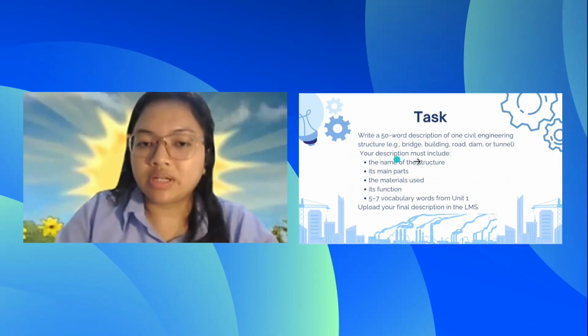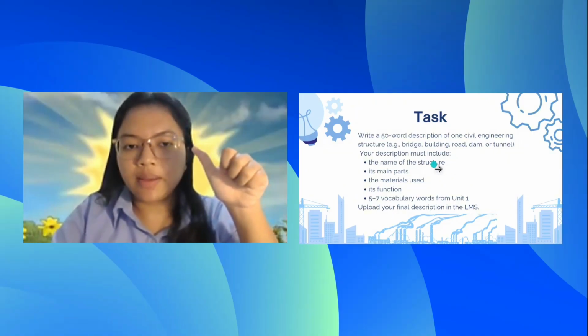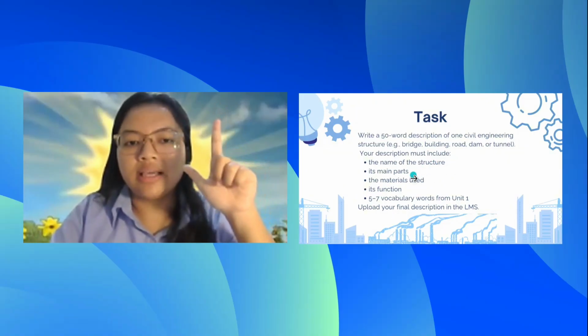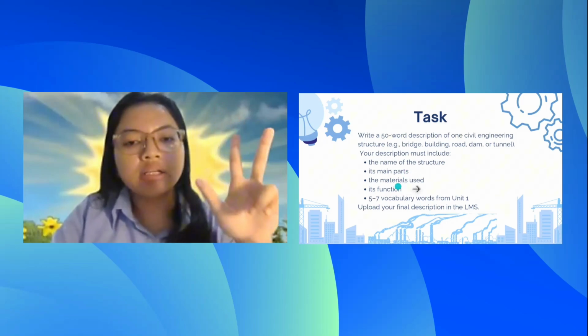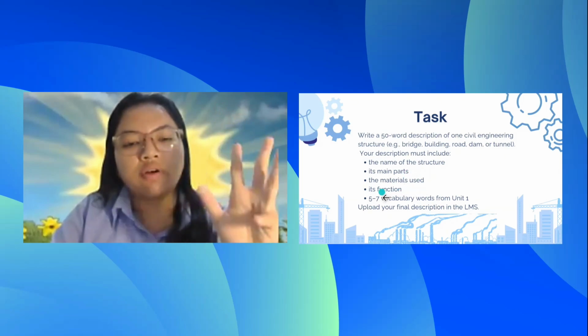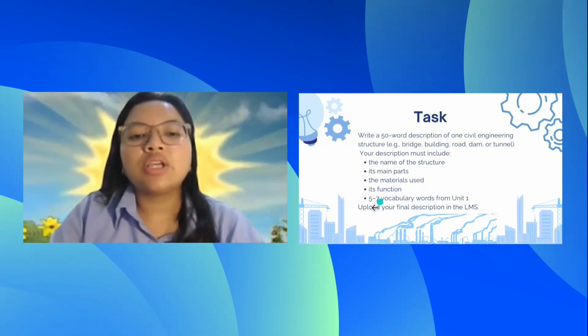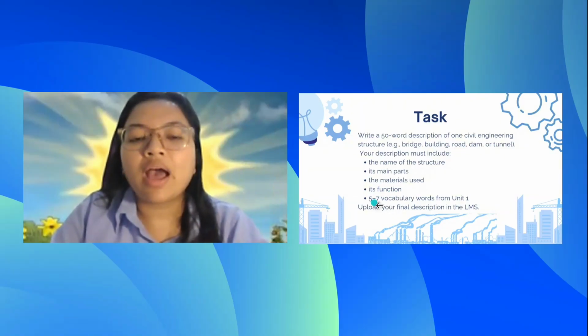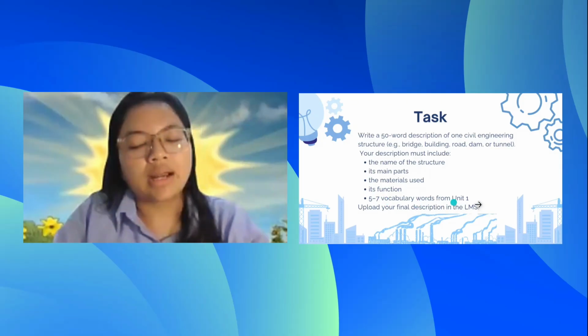Your description must include, first, the name of the structure, second, its main parts, third, the materials used, and fourth, its function. And last, use 5 to 7 vocabulary words from Unit 1.